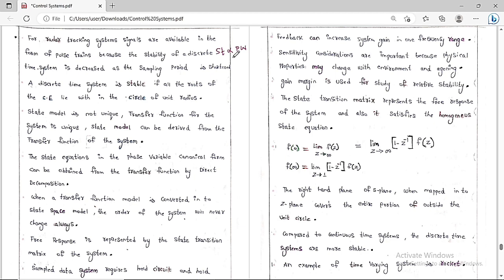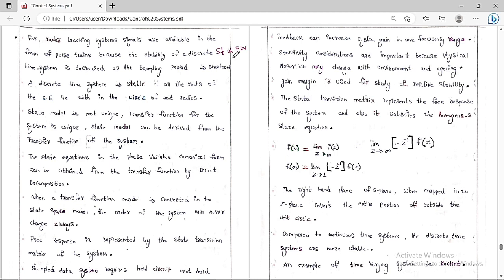So from the transfer function, by direct decomposition, we can get back the state equations. We can say that in the case of phase variable canonical form, we can easily obtain the state equations from the transfer function by direct decomposition.